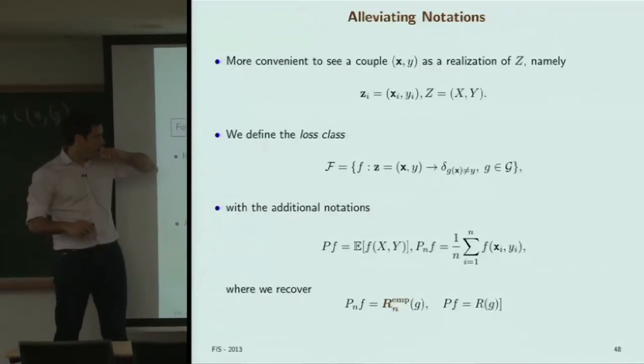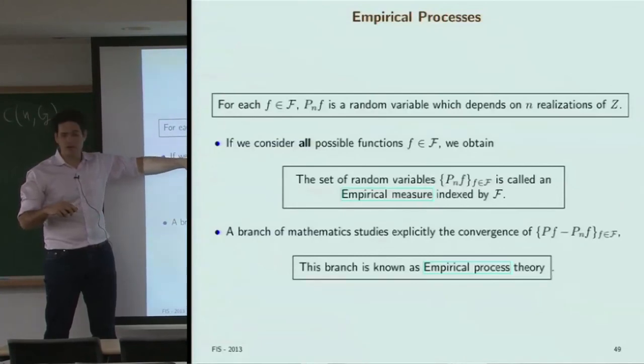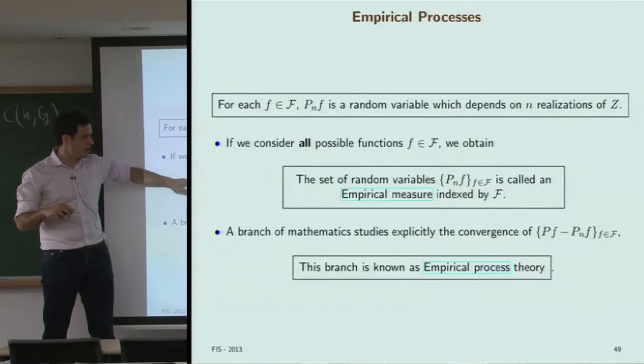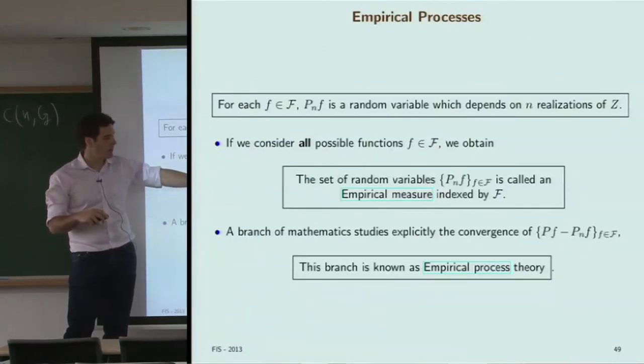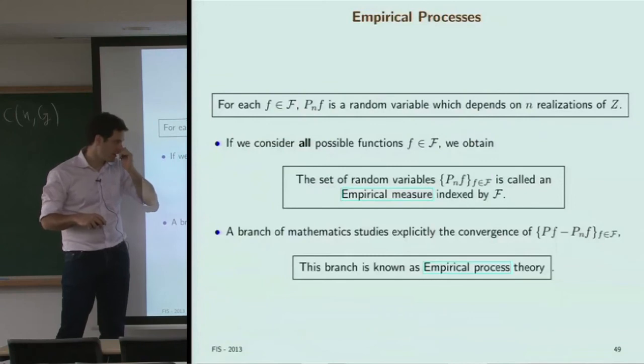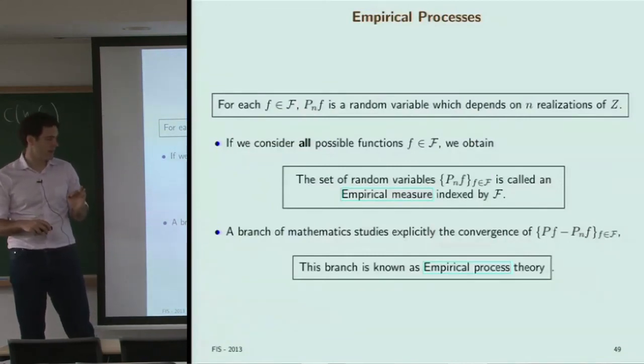So if we consider all possible functions f in this last class, we obtain a set of random variables, Pn of f, indexed by functions. And this is called an empirical measure indexed by f.